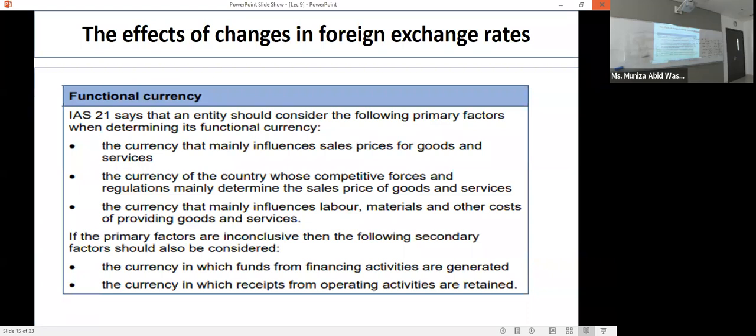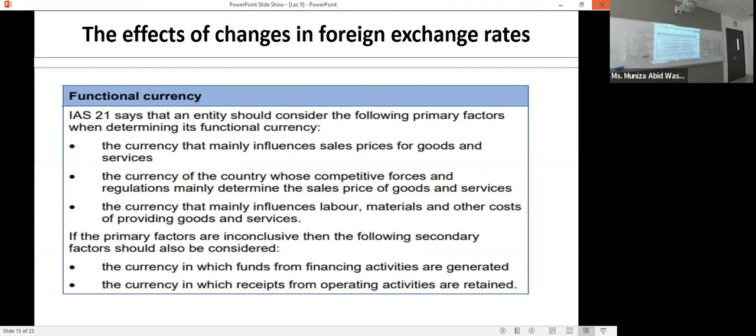The currency of the country whose competitive forces and regulations mainly determine the sale price of the goods and services. Say for example, you scan the external environment with the help of PESTEL analysis and Porter's Five Forces analysis. Do you remember both of those?